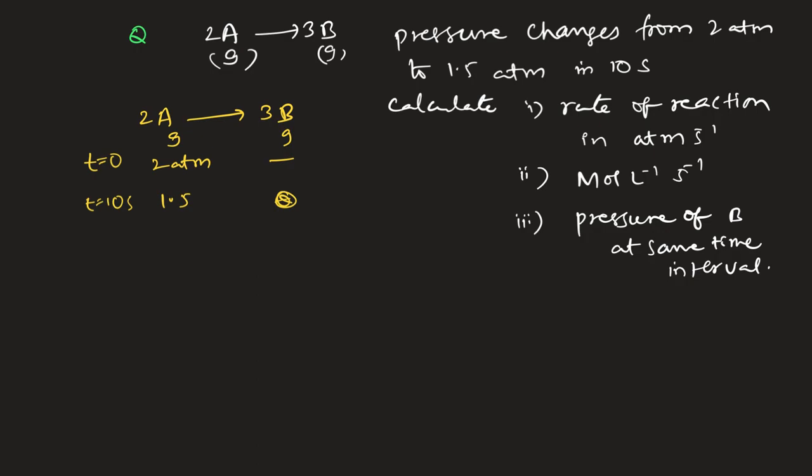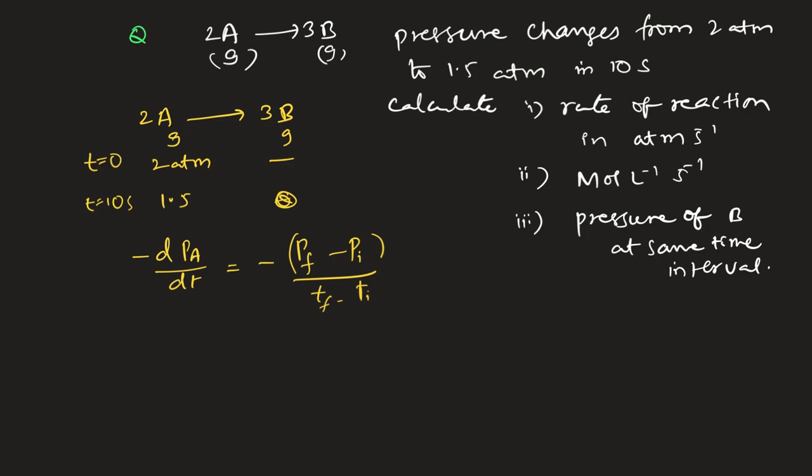Now observe. What is the formula for this? Minus d[pressure of A]/dt. With respect to a substance, stoichiometric coefficient is not required. Therefore, minus (pressure final minus pressure initial) by (time final minus time initial).